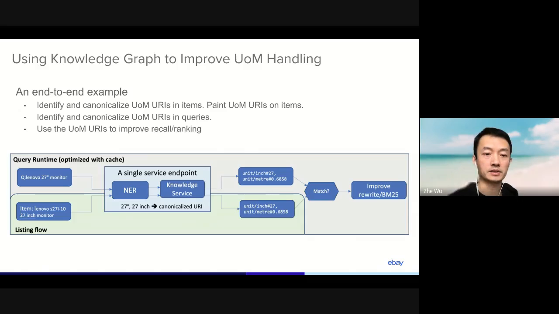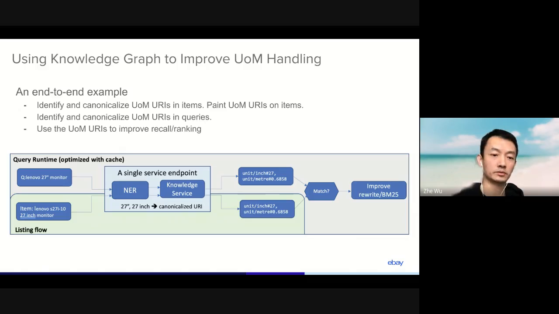A specific example: given an item at the bottom left, a Lenovo S27i-10 27-inch monitor, this item comes in through this workflow. We are able to extract 27 inches and the corresponding amount in meters for this item. The query in the box on top is Lenovo 27 double quote monitor.